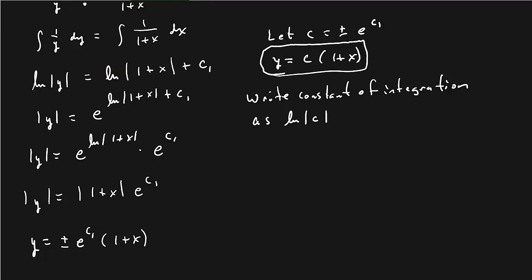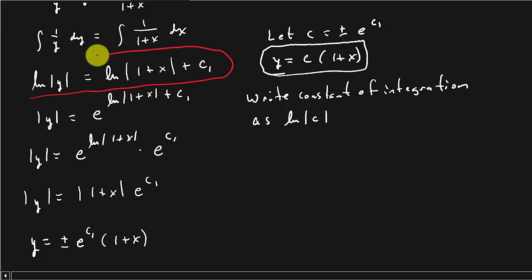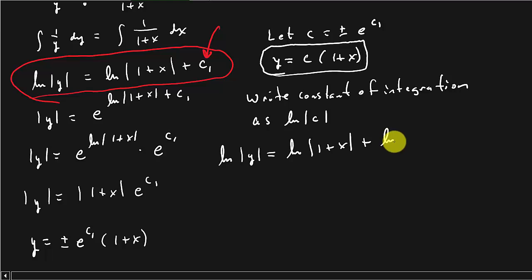So take a look at this step here. Instead of writing our constant of integration as c1, let's write natural log absolute value of y is equal to the natural log of 1 plus x plus natural log of c. We're going to write our constant of integration like this, instead of c1.